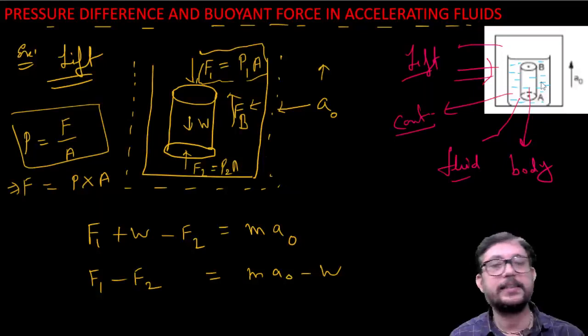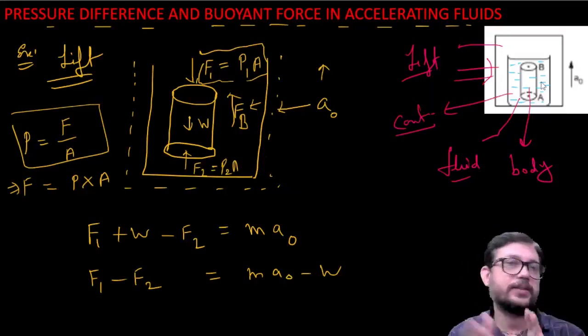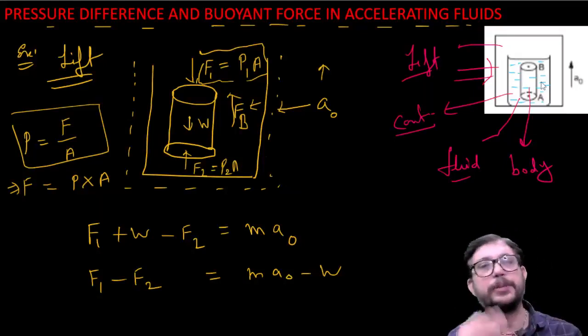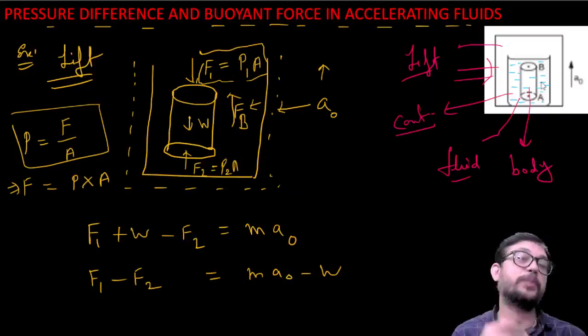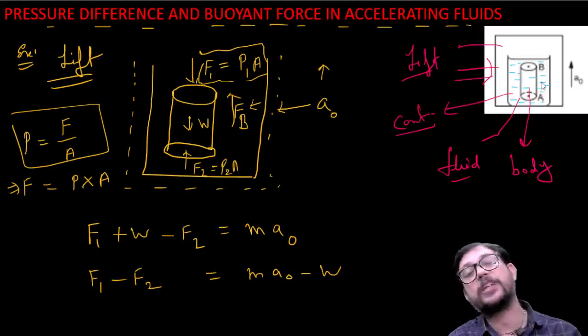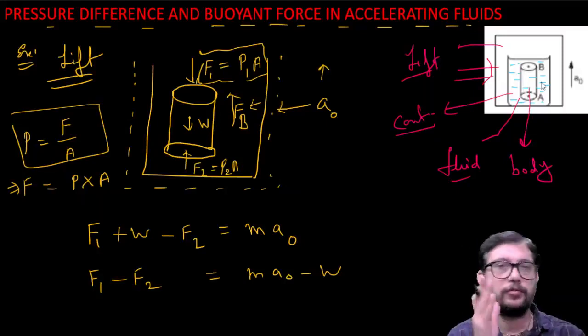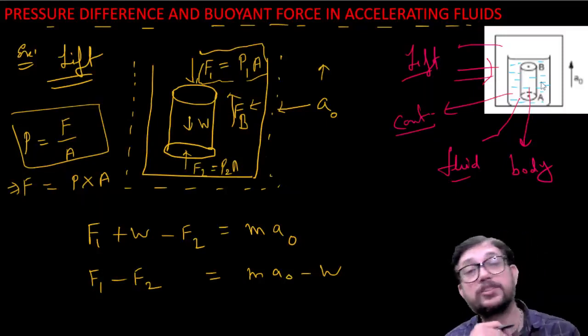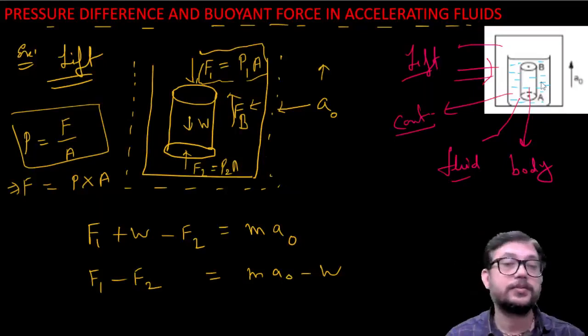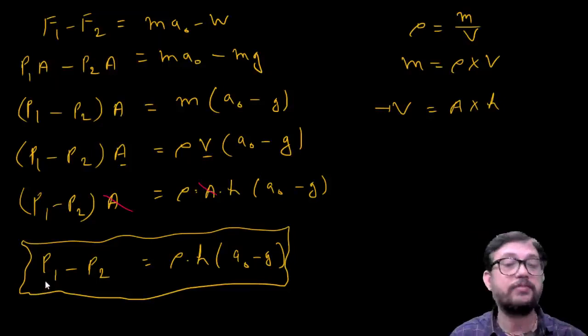So basically we have two pressures, P1 and P2, and if we consider that P2 is at the deeper edge of that particular body, it means P2 must be greater, so we have to write P2 minus P1. So the pressure difference you can write as P1 minus P2 or P2 minus P1.